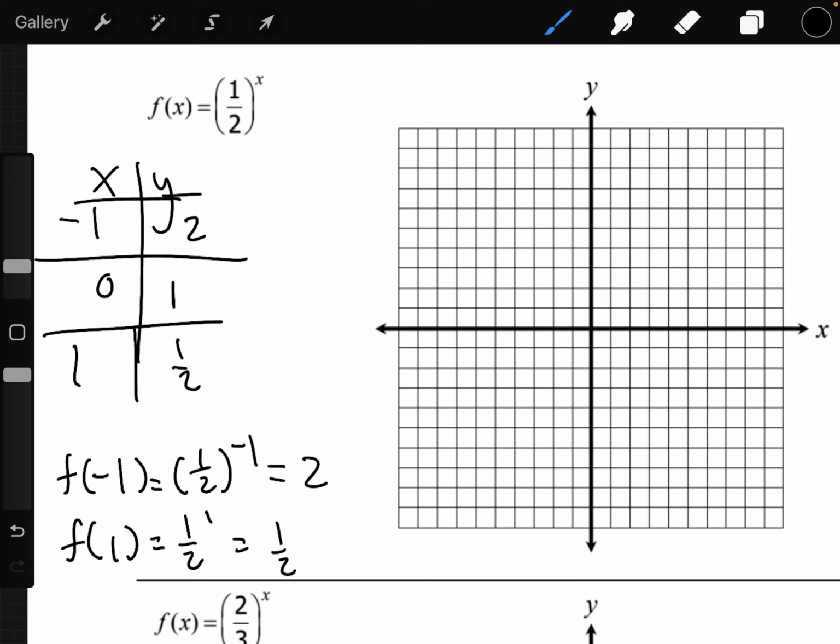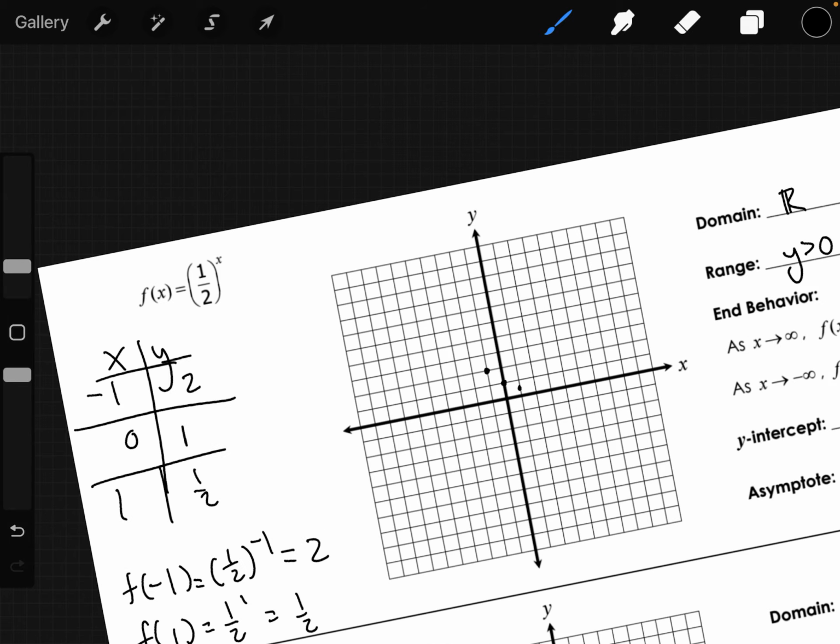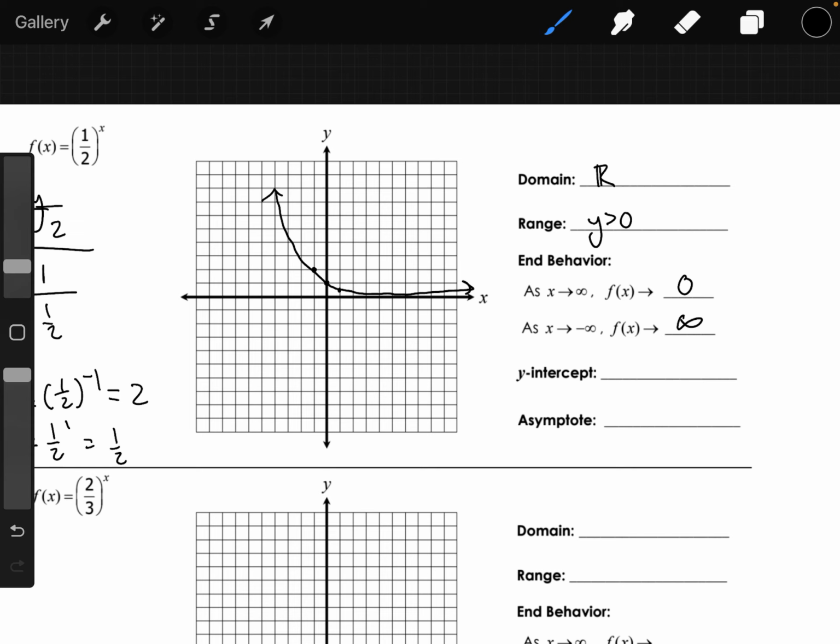So when x equals -1, the y value is 2. When x equals 0, the y value is 1. When x equals 1, the y value is 1/2. So it'll create a shape like this.